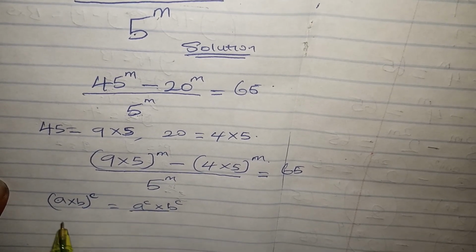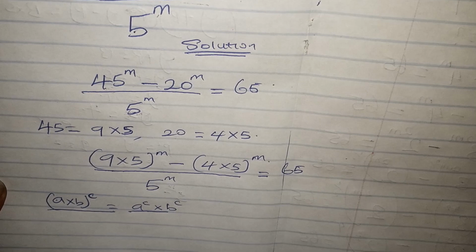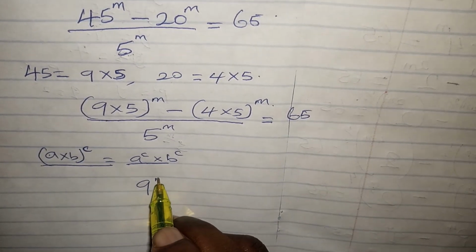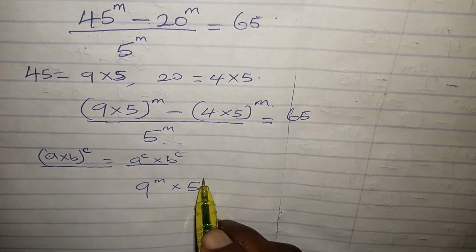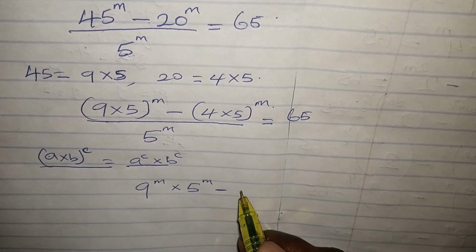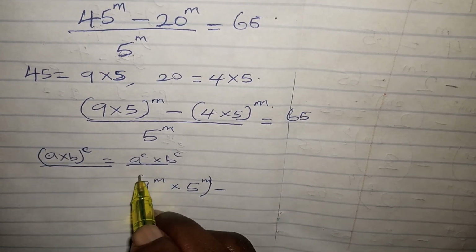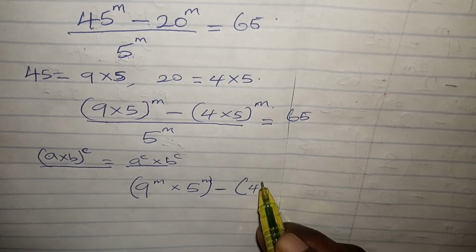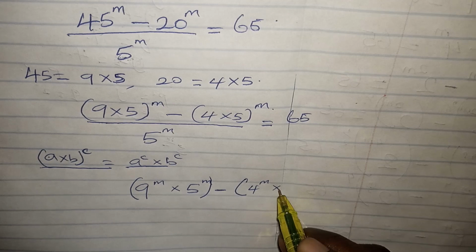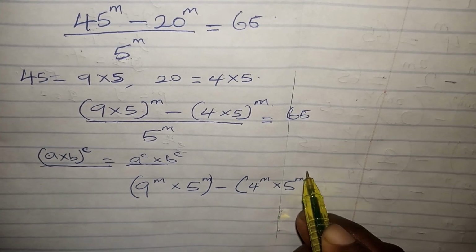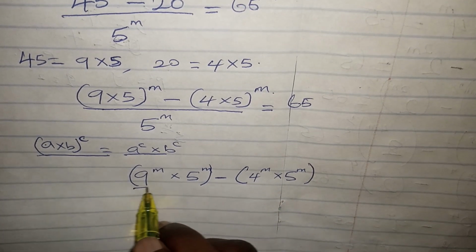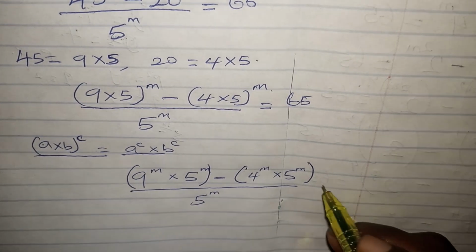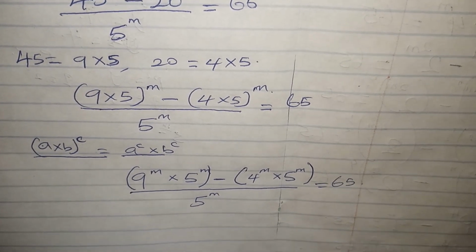Putting this principle here, we have 9 to the power of m times 5 to the power of m, minus, let us put a bracket here to demarcate it, 4 to the power of m times 5 to the power of m, close bracket, divided by 5 to the power of m, equals 65.